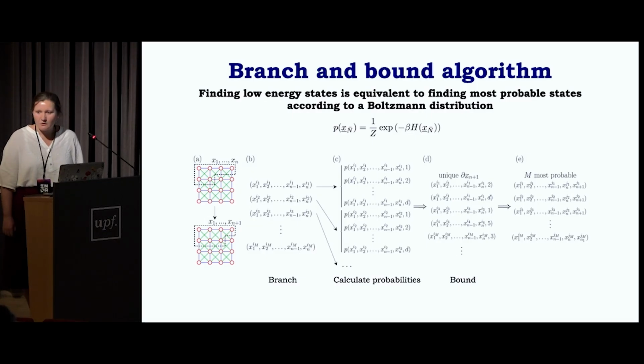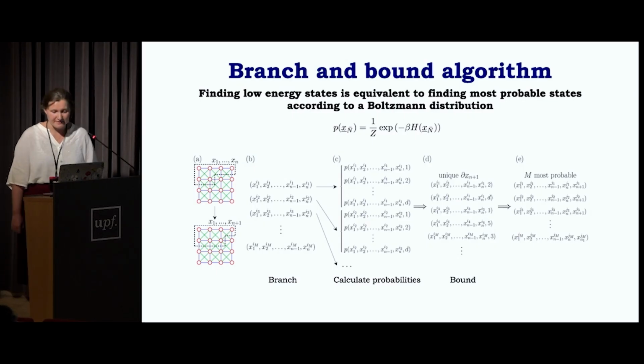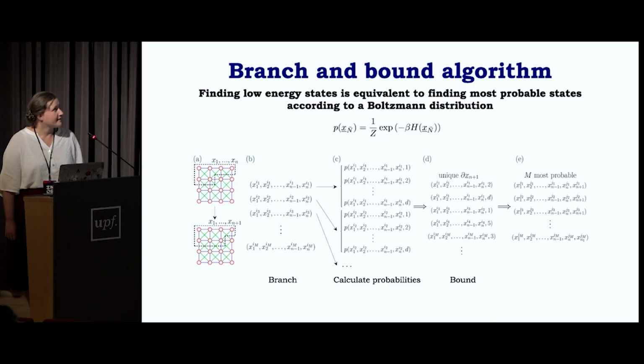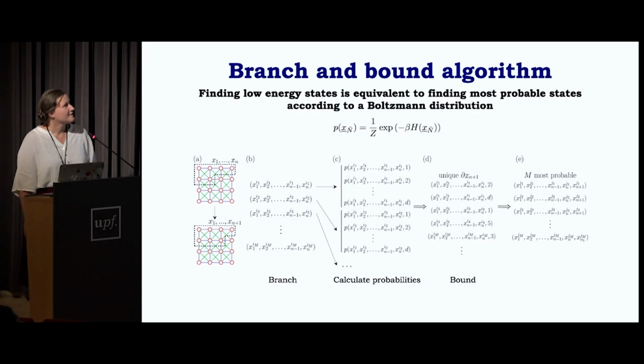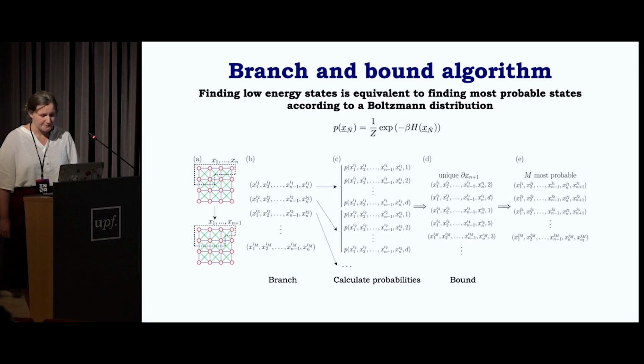Okay, so our goal is to identify low energy states from exponentially many possible spin configurations. And we do this by finding the most probable states according to the Boltzmann distribution at some inverse temperature beta. And we claim that finding the low energy states is equivalent to finding the most probable states.